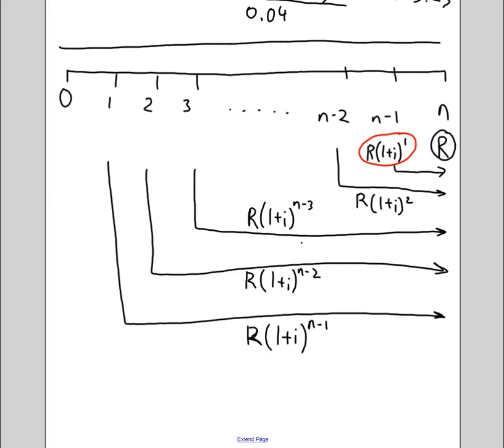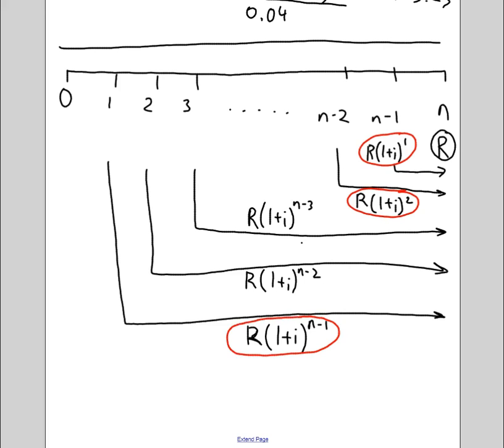The one before that would have been compounded for 2 compounding periods, and so on. When you get all the way back to the very beginning of the investment, the very first deposit has been compounded for n subtract 1 compounding periods.